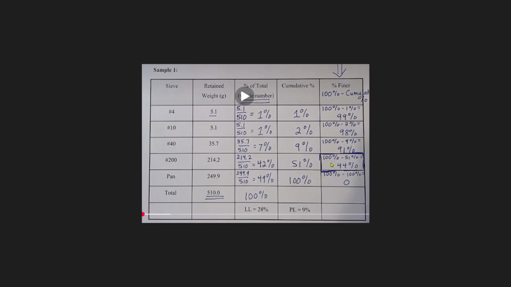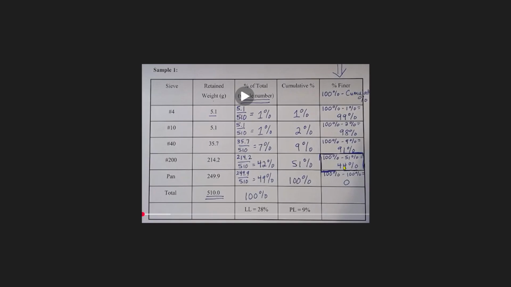So you look at this percent right here on the number 200 sieve, that we'll get through these calculations in a moment, that passes the number 200 sieve. 44% of the sample passed it. So now, in that general classification, it's less than 35%.